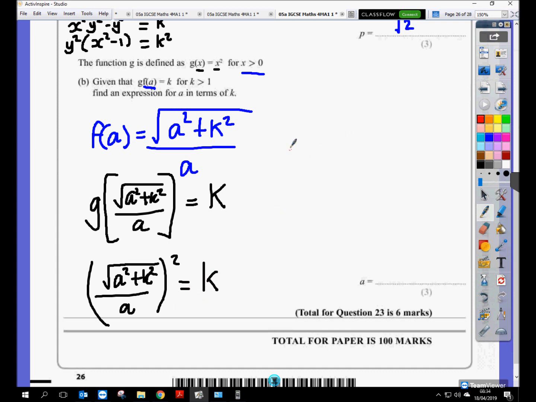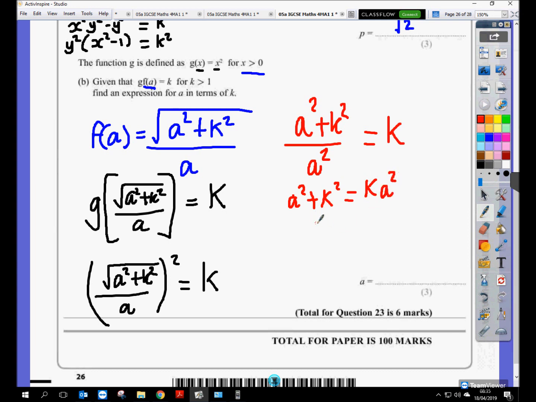When I square the brackets, you square the numerator and the denominator separately. If you square the numerator, you end up with a squared plus k squared. If you square the denominator, you get a squared, and this is equal to k. What I need to do is find an expression for a in terms of k to make it a equals. So times both sides by a squared, so you get ka squared.